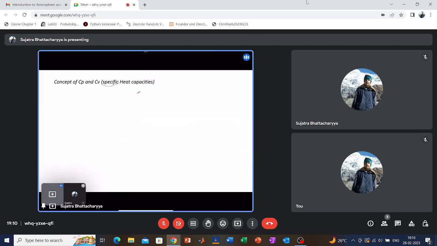So this is the specific, meaning per unit mass. So heat capacity is per unit mass.